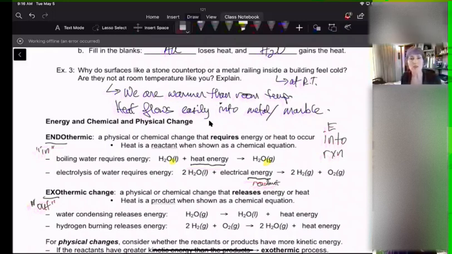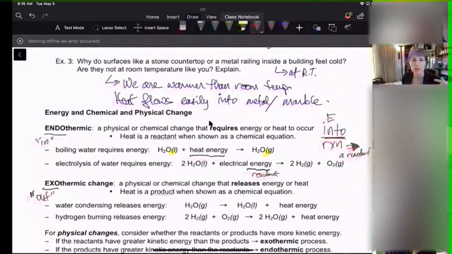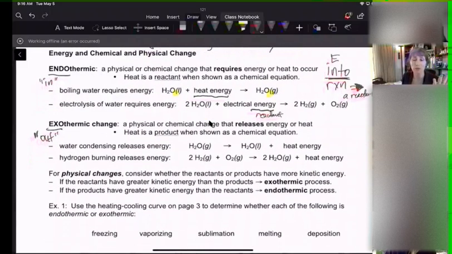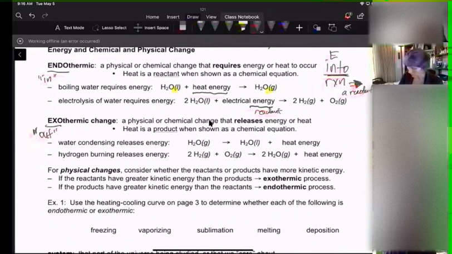So energy is on the reactant side. Into the reaction means it's a reactant. Exo means it's out. Now, in these examples, we're just flipping that process. When that gas water condenses back to the liquid, it's going to release heat. The heat comes out.